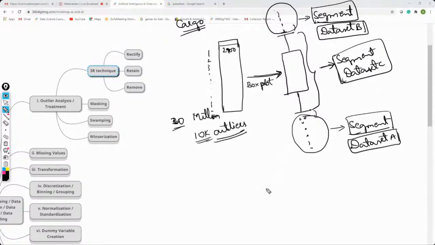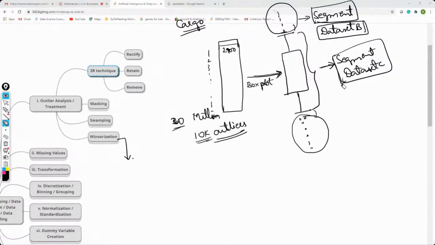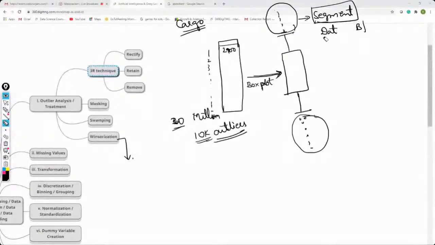There are a bunch of techniques, but two more important ones are what we are going to discuss here. There is a technique called Winsorization. Let me remove all this and explain here. This is the minimum value.